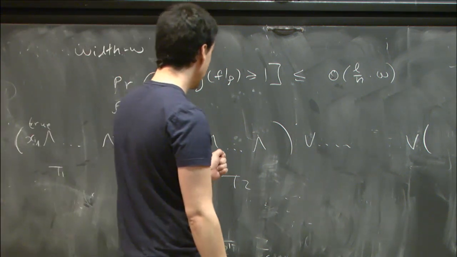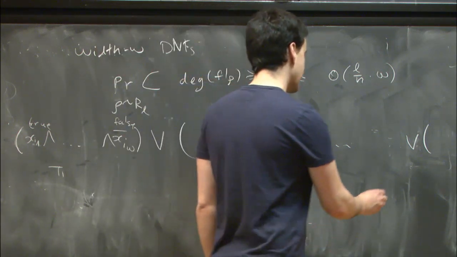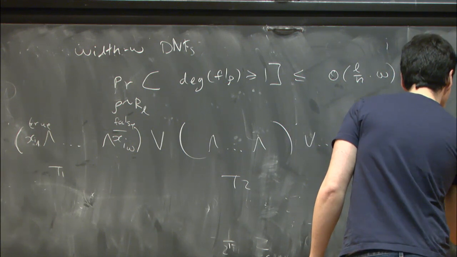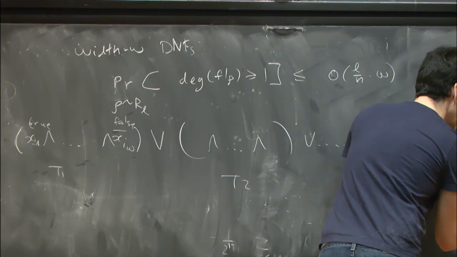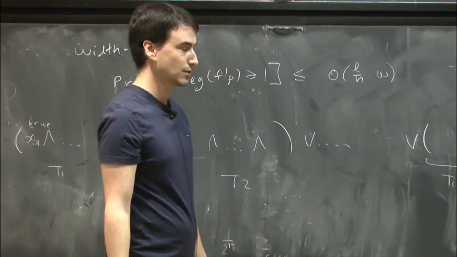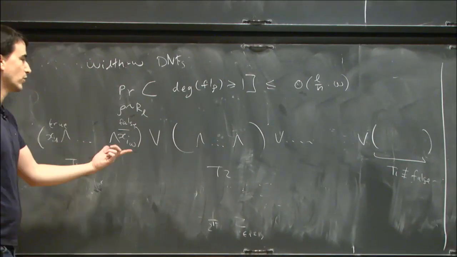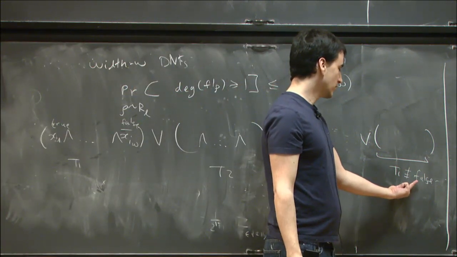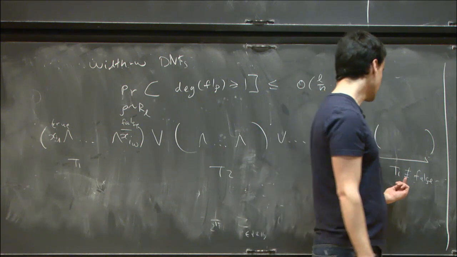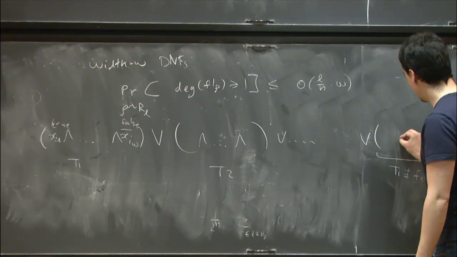So we look at the next one. We check if it is equivalent to false. If it is, we continue until we reach some ti which is not equivalent to false, meaning that I can still satisfy it. We look at the first one according to some order on the terms. Since it is not false and still not true, because if it was true the entire thing would be a constant, it means that there is some variable here that is still unset.